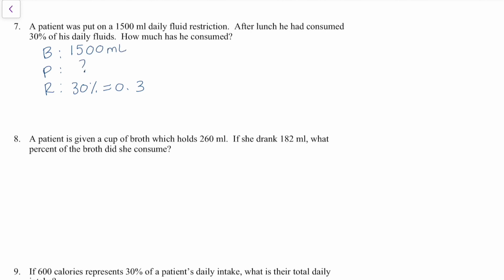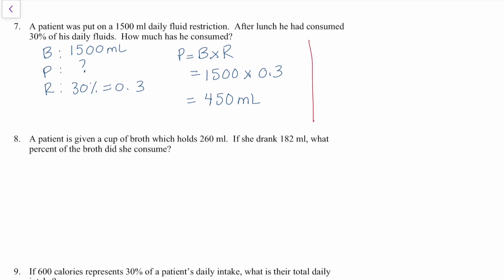And they're asking how much of that have they consumed. So what is my portion? So portion is base times rate. So we're going to do 1,500 times 0.3. So you get 450 milliliters. Okay, it's super important you're adding your units in there, so don't forget those.